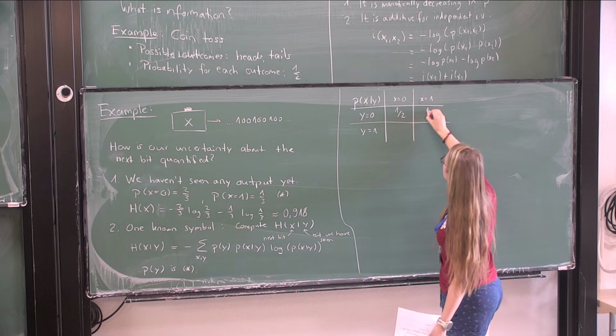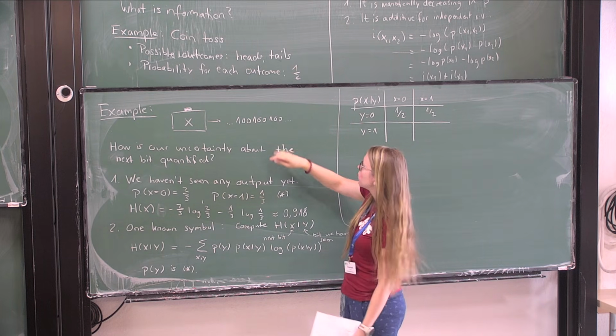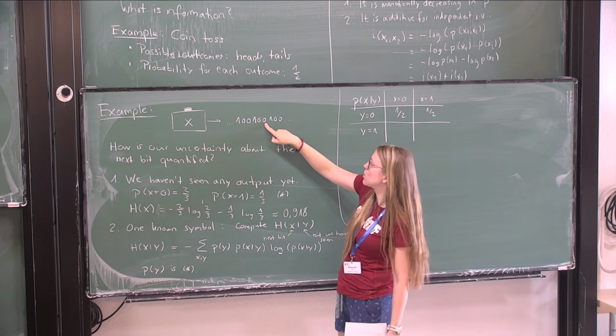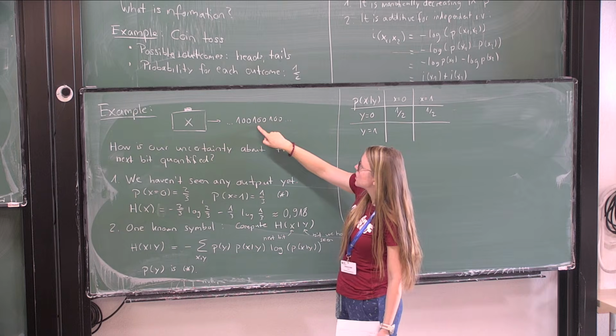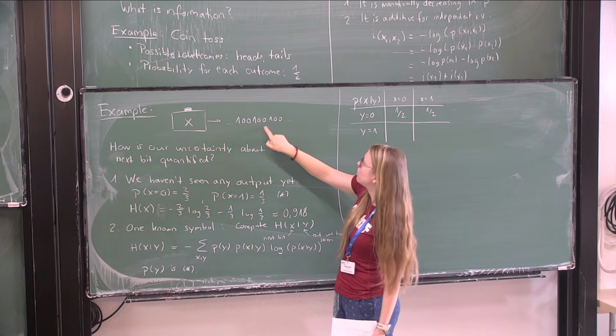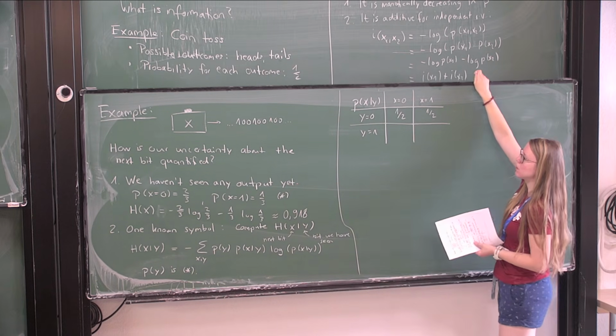This is 1/2 and this is 1/2. Because if we look at the structure of the box, you know that if the first bit is a 0, we're either in this position or in this position. That means both positions are equally likely. So getting a 0 or 1 next has the same probability.